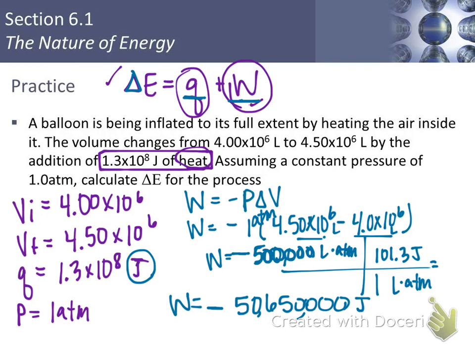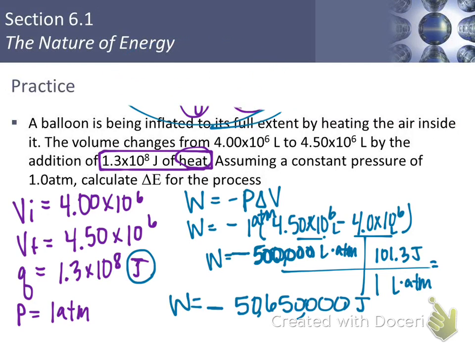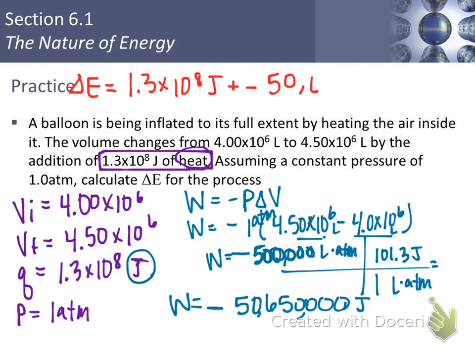So now I plug that in addition to my heat. So I'm going to do that up here at the top. Okay, so delta energy, actually changing, equals 1.3 times 10 to the 8th joules plus negative 5.065 times 10 to the 7th joules, right, because our work is negative.